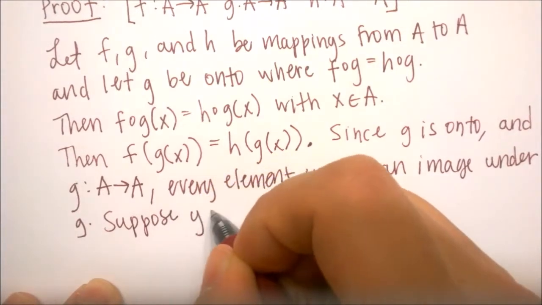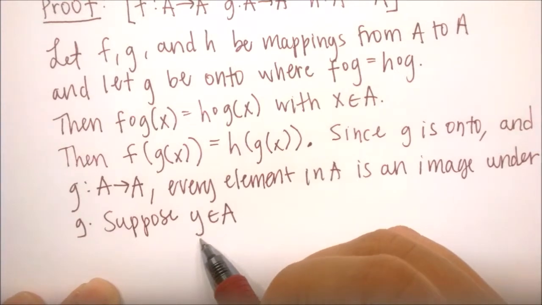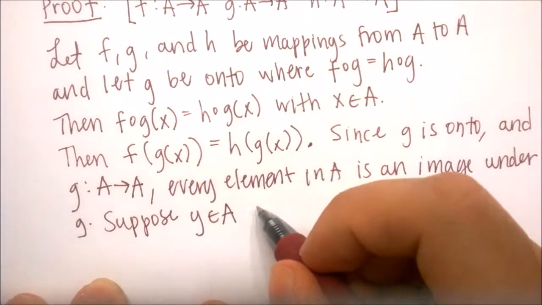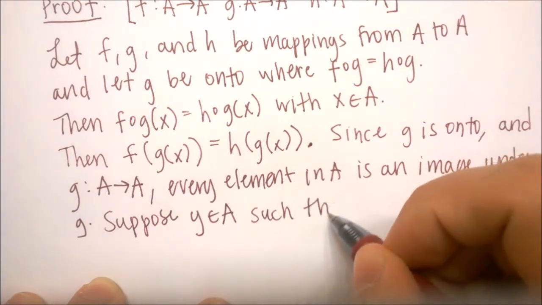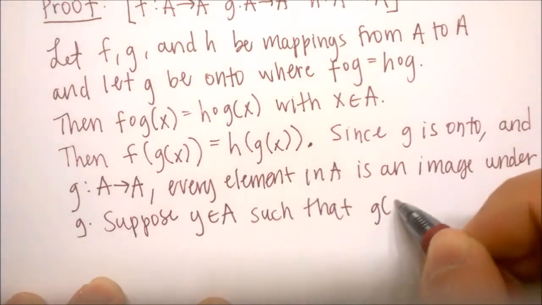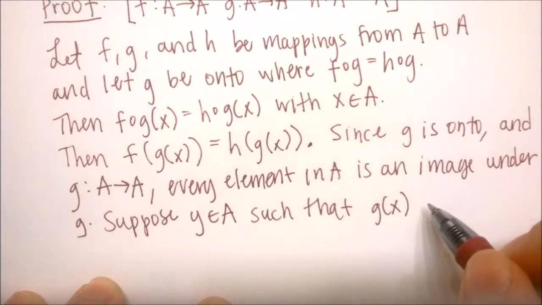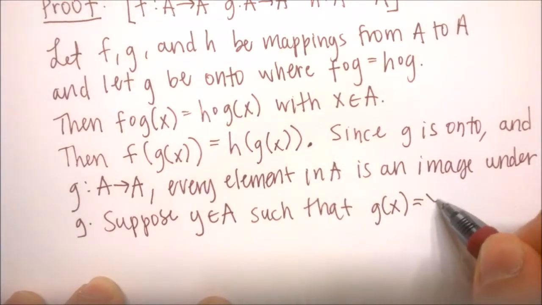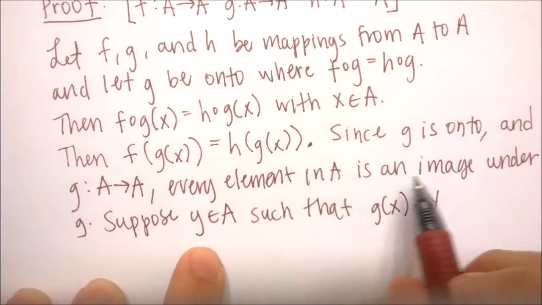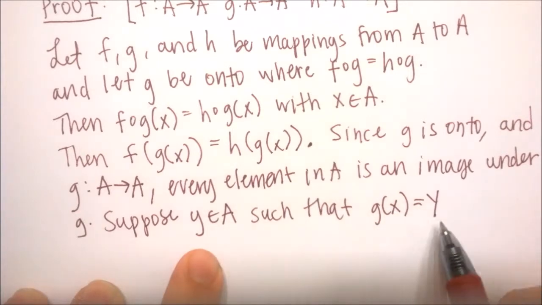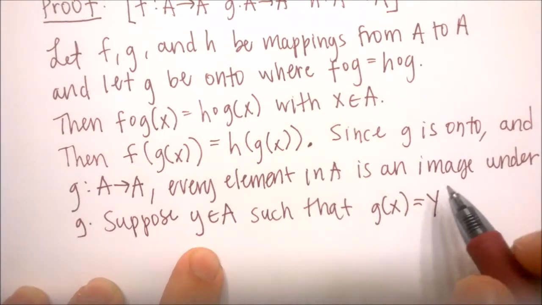So if we suppose Y is an element of A, some arbitrary element in A, let's call it Y, we'll say suppose Y is an element of A such that G of X is an image generated by the function G. So we'll say that's equal to Y, because Y is an element of A and every element in A is an image under G. So if Y is an element of A, then G of X equals Y is an image.